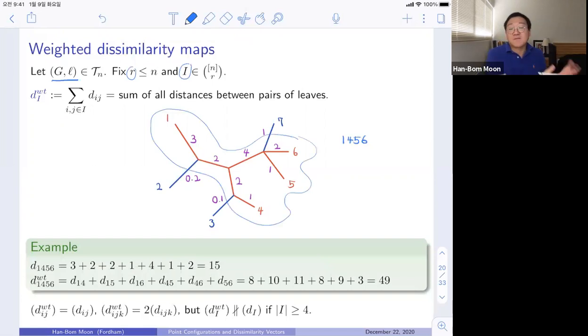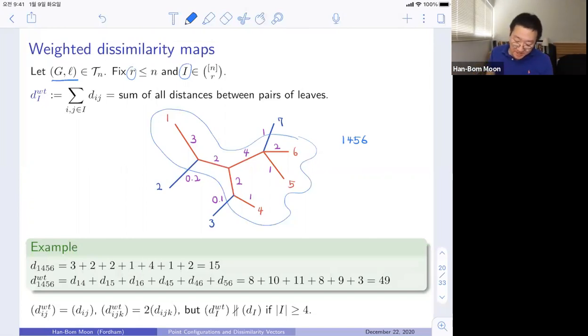In the definition of the ordinary dissimilarity map, the way to measure the size of this subtree is simply to take the sum of the edge lengths on this tree. However, instead of doing that, now we are going to take every pair of vertices lying on this subtree, compute the pairwise distance, and add them together.